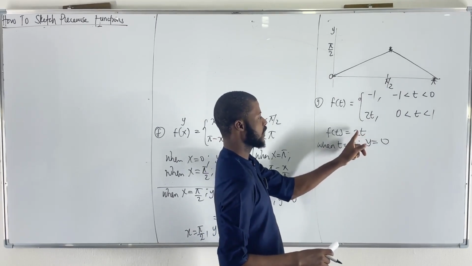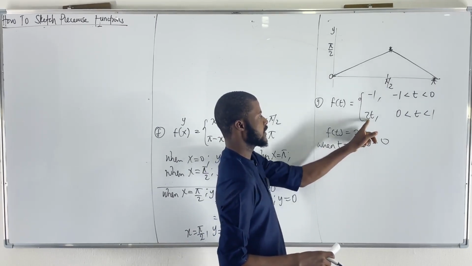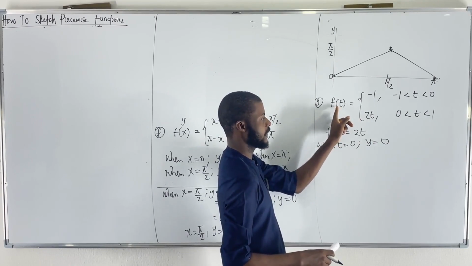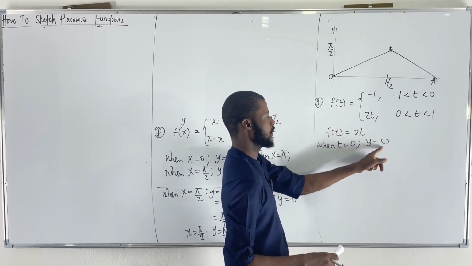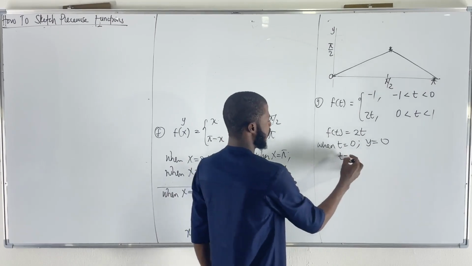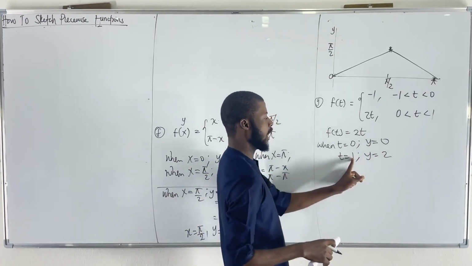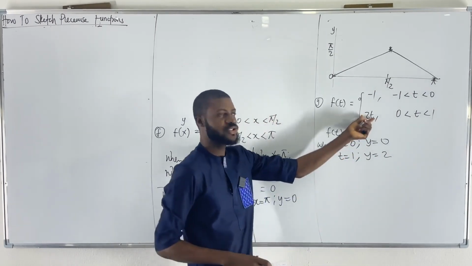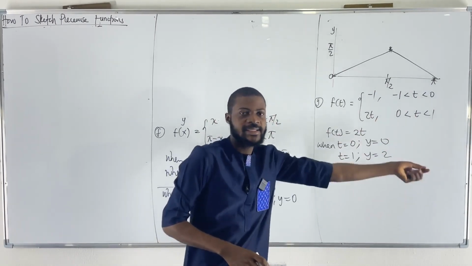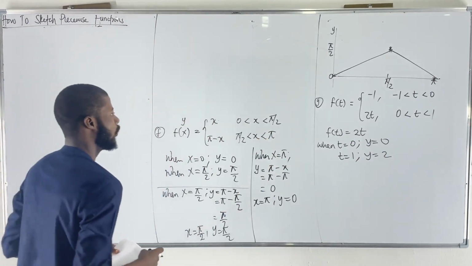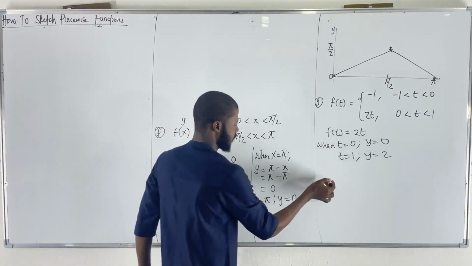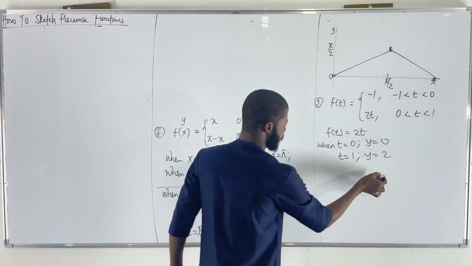So it says that whatever t is, you're going to double it to get your f of t. So if you double 0, it's still 0. Then when t is equal to 1, y will become 2, because if you double 1, you're going to get 2, because the function is just 2t. 2t means twice. I can even plot it here.